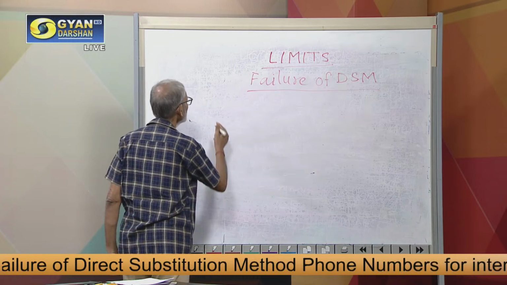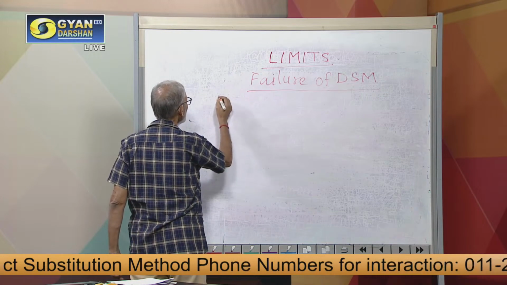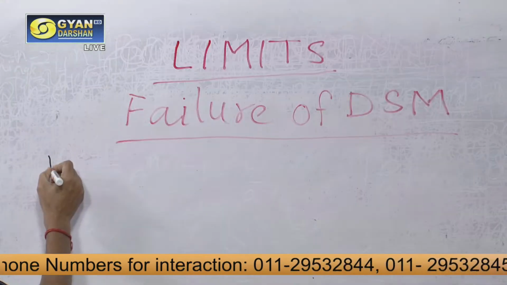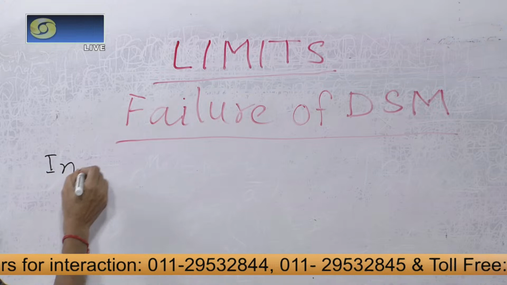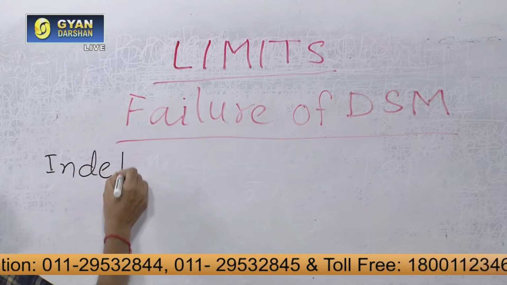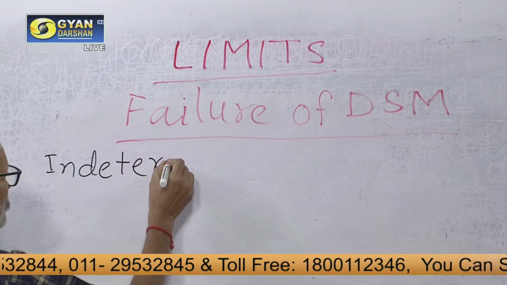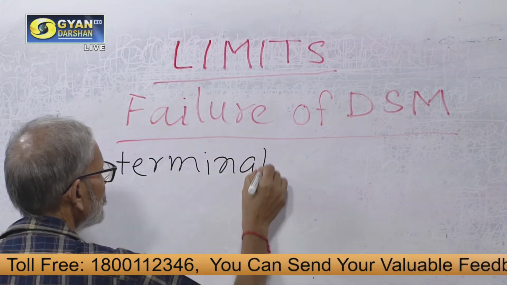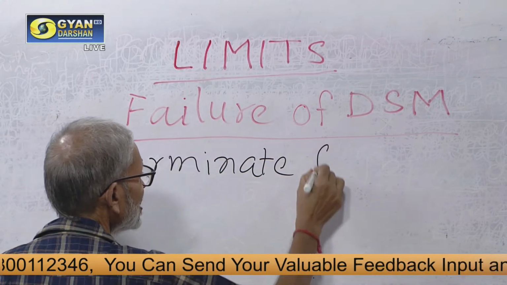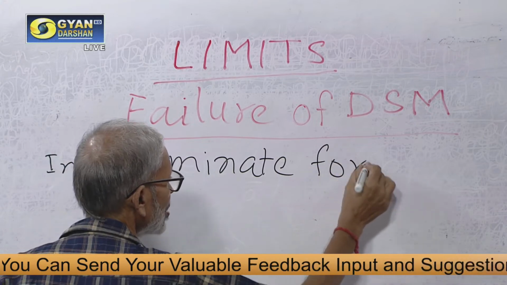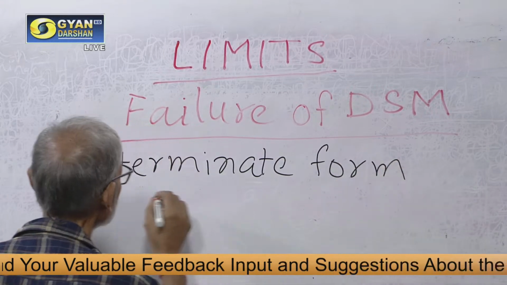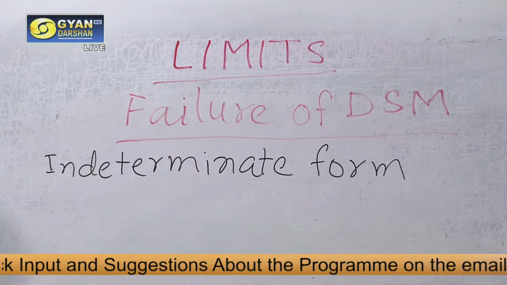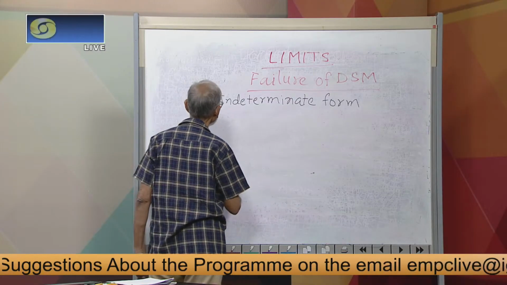It fails because your function becomes an indeterminate form. We will take up examples, so you will come to understand. There are 7 indeterminate forms in which the function comes.